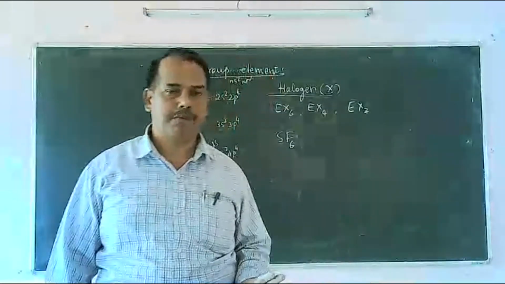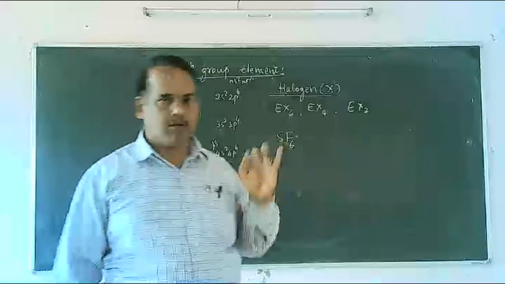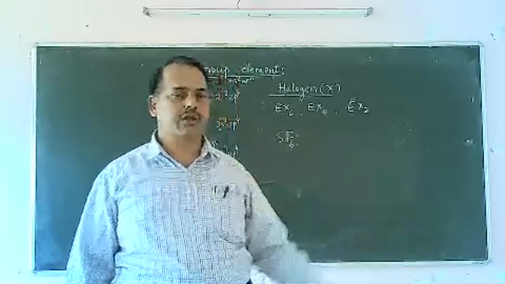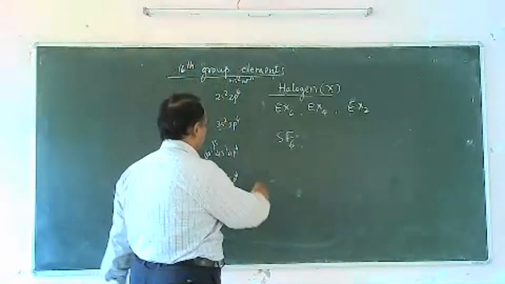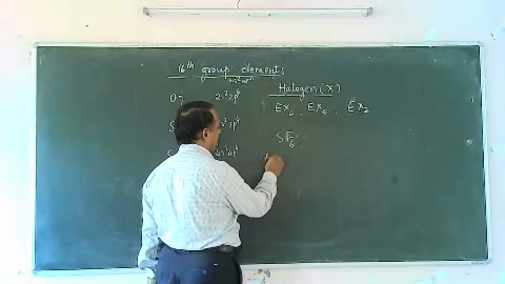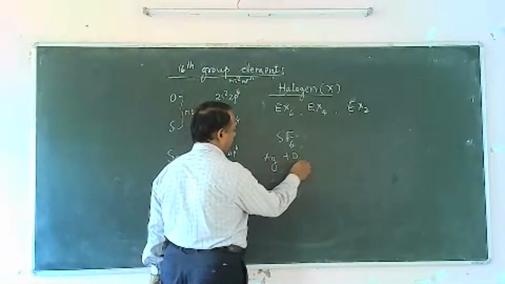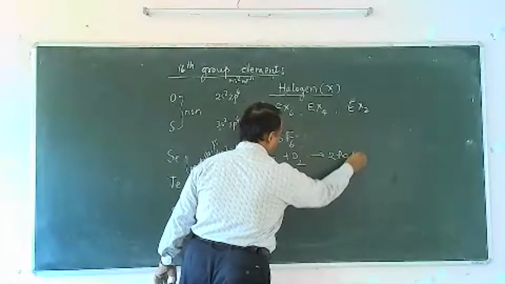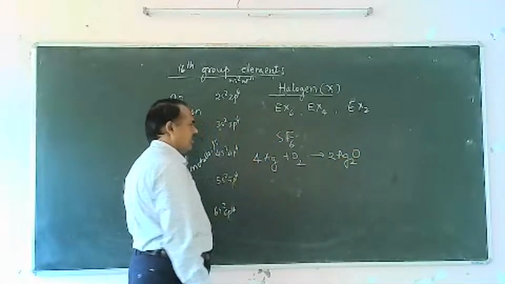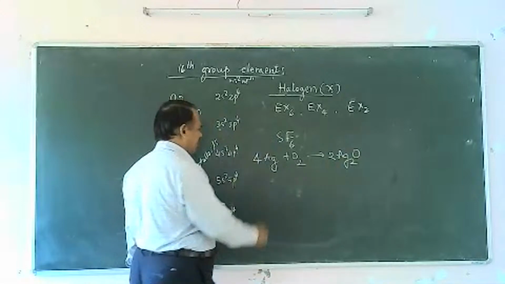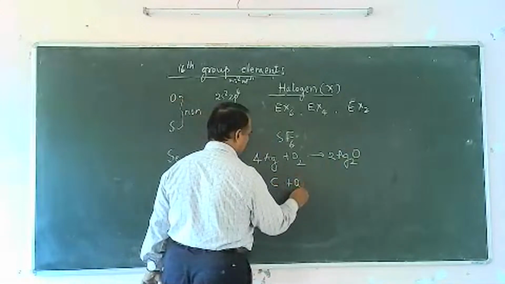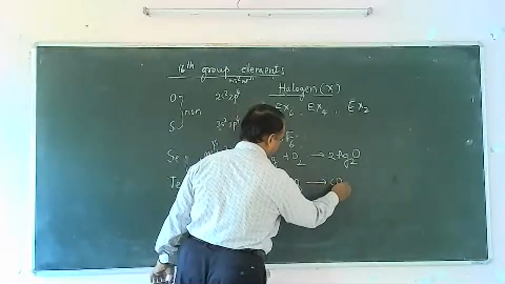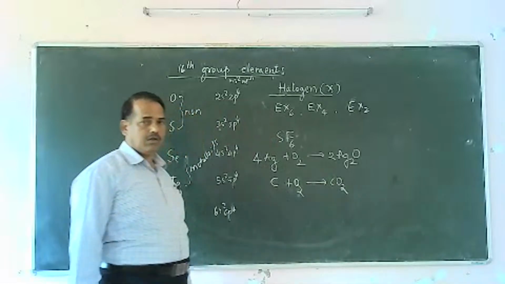Then if you go for metals, the element oxygen combines with all types of metals. Silver reacts with oxygen, you will get silver oxide, Ag2O, so it is 4Ag plus O2. It reacts with non-metals like carbon, so you will get carbon dioxide.